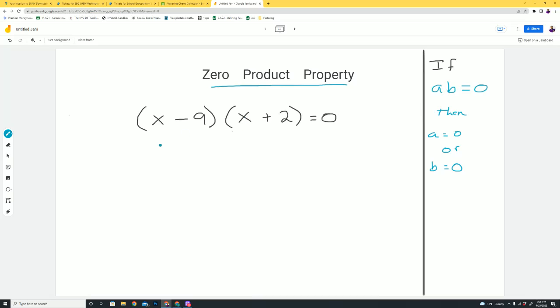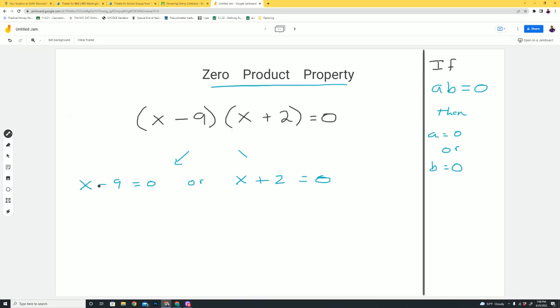So what we do is we split it up: either x minus 9 equals 0 or x plus 2 equals 0. Now all we have to do is solve for x.